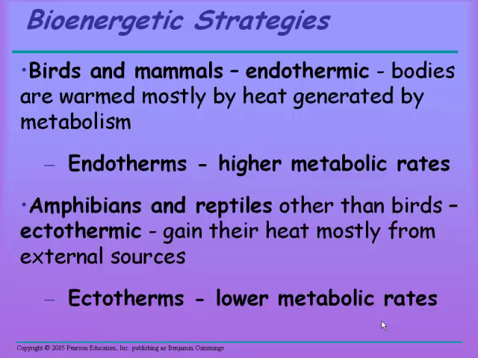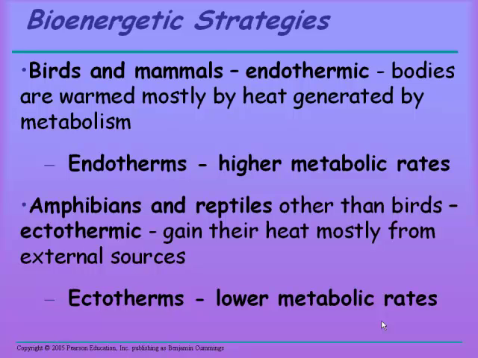So bioenergetic strategies: birds and mammals are endothermic, and amphibians and reptiles are ectothermic. Okay, so the simple definitions, which you probably already know: endotherms are warm mostly by heat generated by metabolism, by cellular respiration, by ATP being produced. Endotherms have a higher metabolic rate.